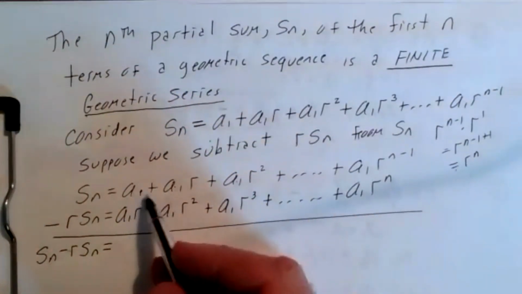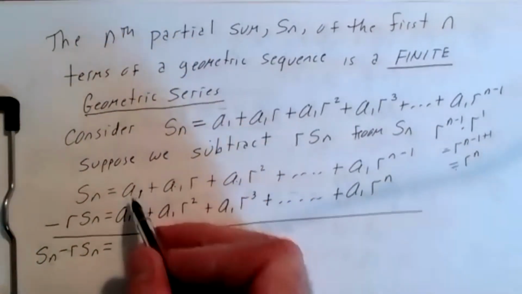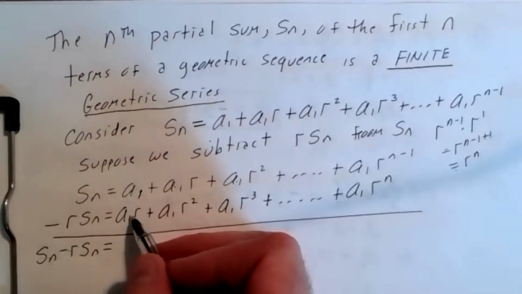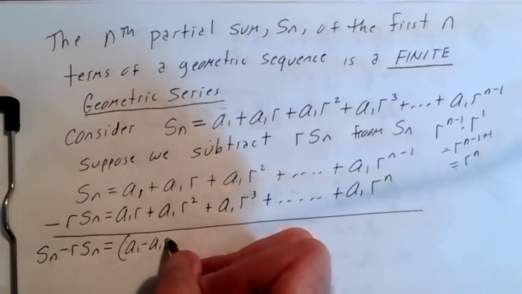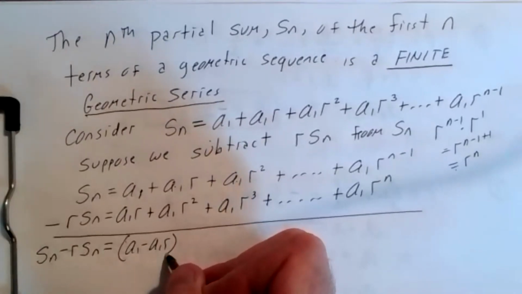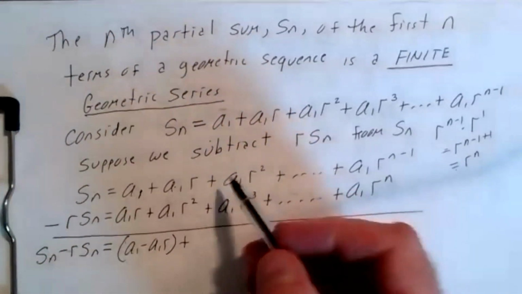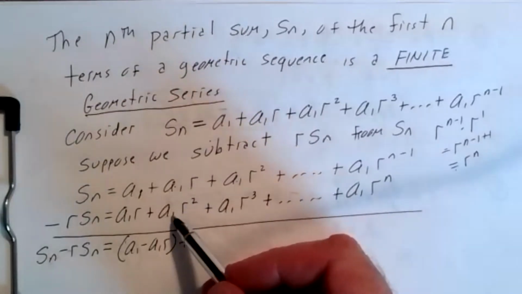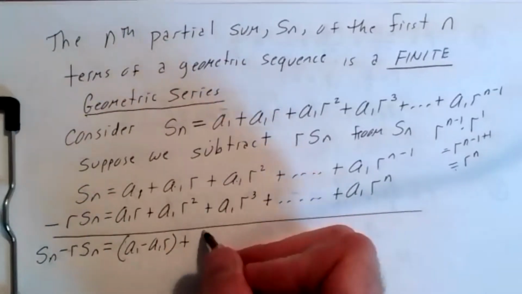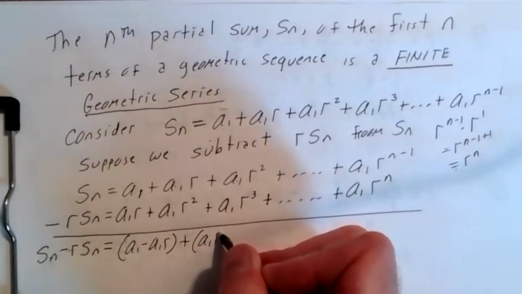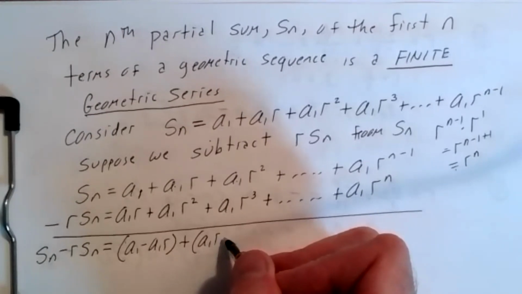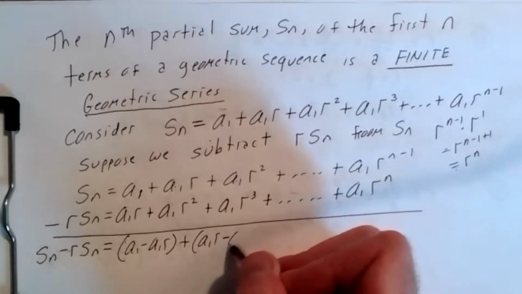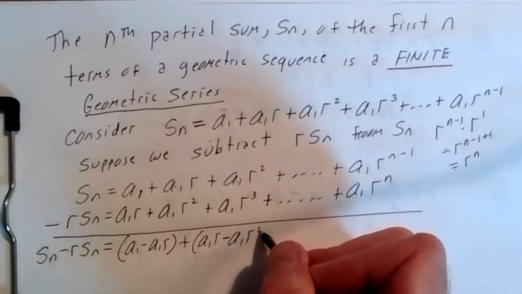And that's equal to term-wise subtraction here. a sub 1 minus this gives you a sub 1 minus a sub 1 r plus a sub 1 r minus a sub 1 r squared is going to be a sub 1 r, right, minus what? a sub 1 r squared.